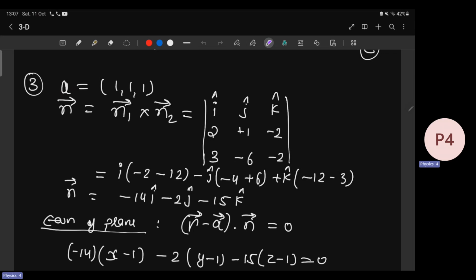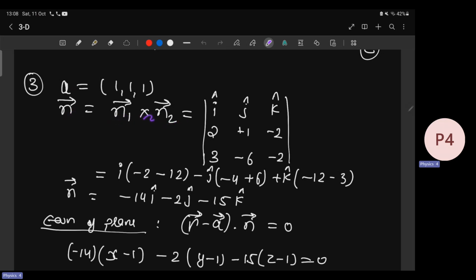Suppose the point is A. All we need is the normal to the plane, and they are saying that the required plane is perpendicular to two planes. Suppose the planes are P1 and P2, then the normals will be N1 and N2. So we can find the normal of the required plane by the cross product of these two normals.